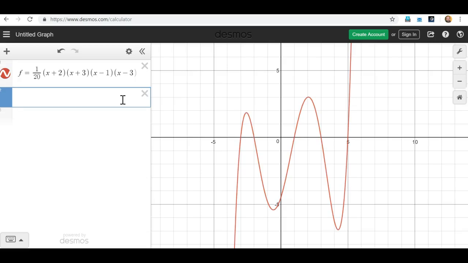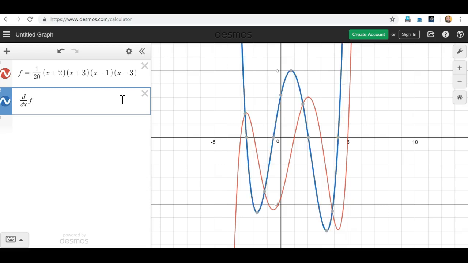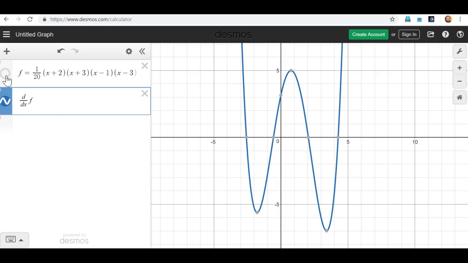All right, the nice thing about Desmos is it really will create the graph of the derivative in an easy way. If I say d dx, that's take the derivative of f, and boom, there's the derivative. Let's turn off the main graph for a minute. The derivative is a fourth degree polynomial. That makes sense: the derivative of the fifth gives me the fourth. What's critical here is noticing where the zeros are.